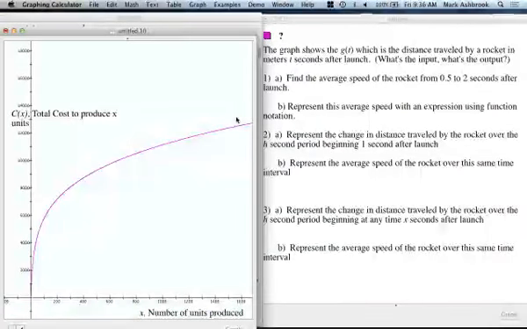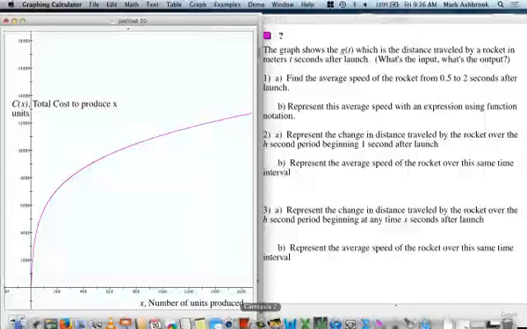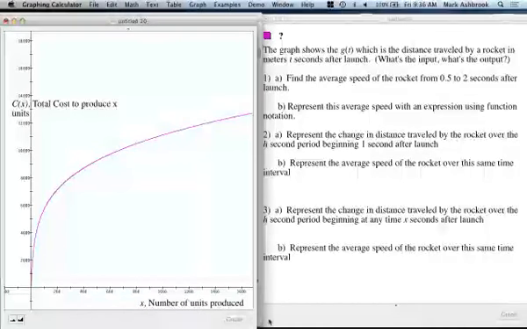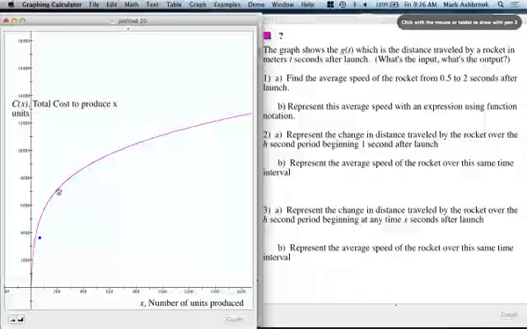So now what about this? So here's a graph that shows number of units produced by a manufacturing company and their total cost for producing that many units. Okay, so we can do the same thing. We can pick any point. Let's say 100 units produced. So starting at 100 units produced and ending at 800.